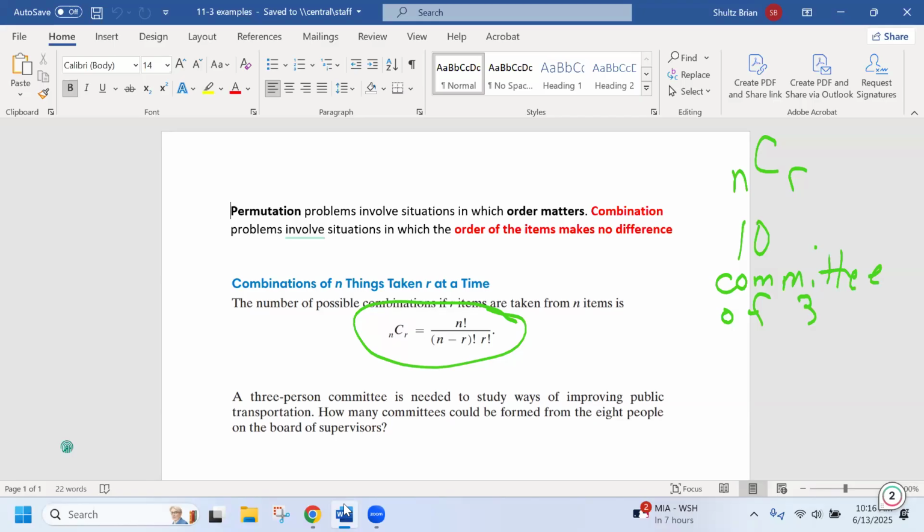That means that the order doesn't matter. If I've got my same people here and these 3, this is the same committee, even though I've listed the letters differently. So the order here does not matter.